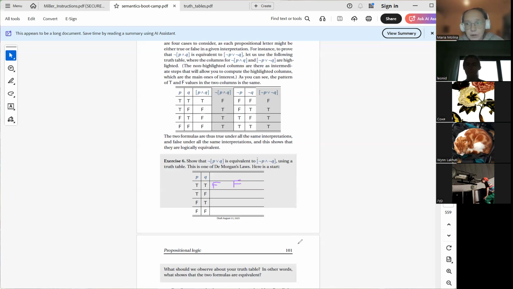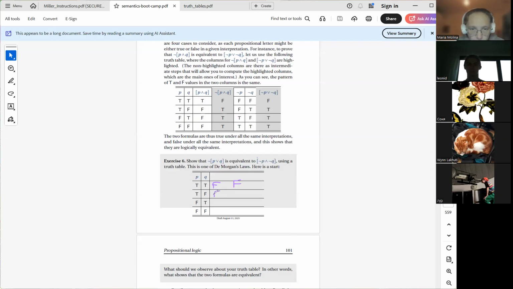What do you think? If P is true, Q is false, what do we get in case of negation of brackets P or Q? False, right. We get false in this case.